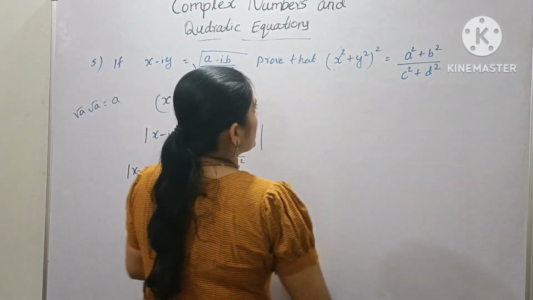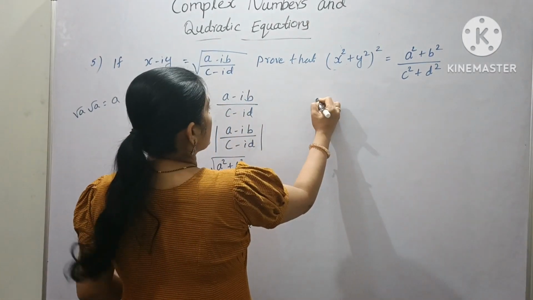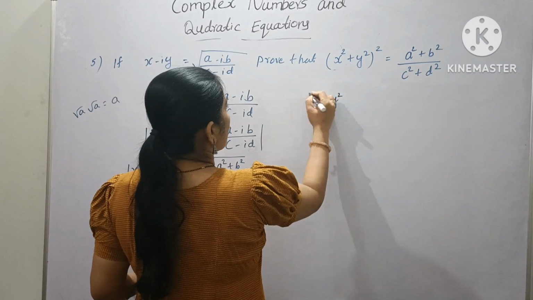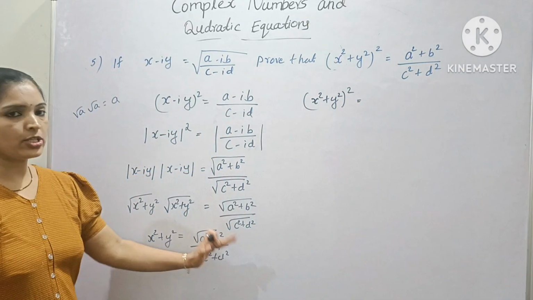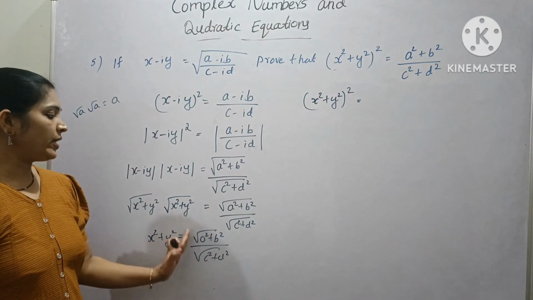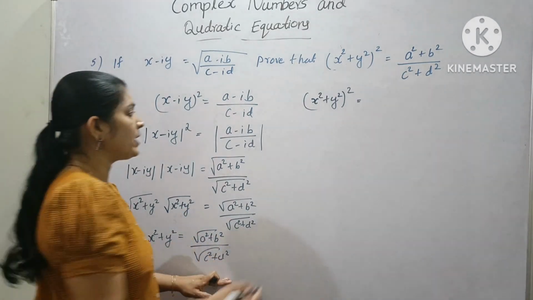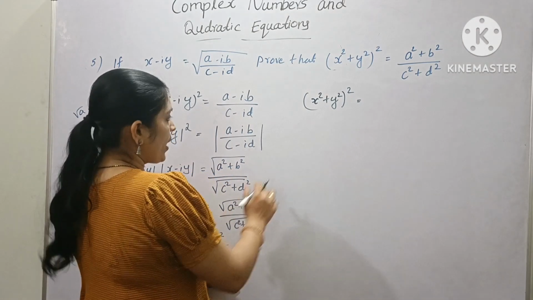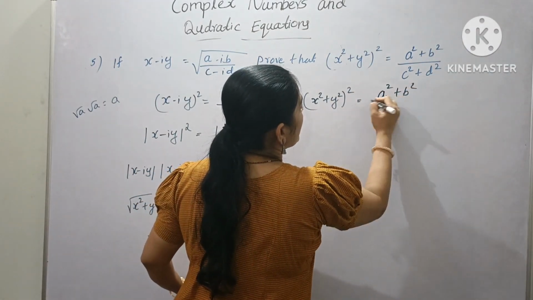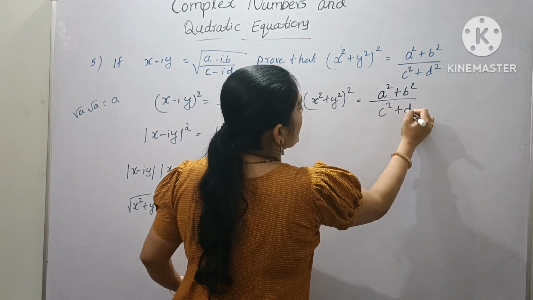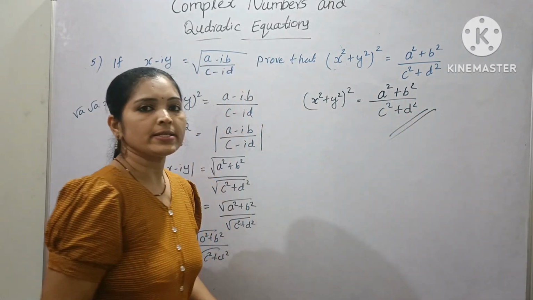Take square on both sides. So (x² + y²)² is equal to, when taking the square on the right side, this square root will be removed. So we will get (a² + b²) divided by (c² + d²). Hence it is proved.